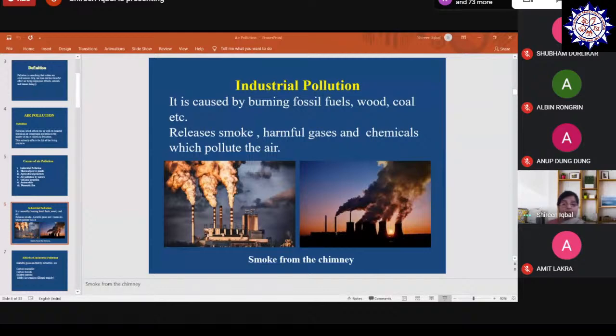So these gases, carbon monoxide, carbon dioxide, sulfur dioxide, as you can see in the picture, accumulate in the lungs and block the respiratory tract so that the person is not able to breathe properly.